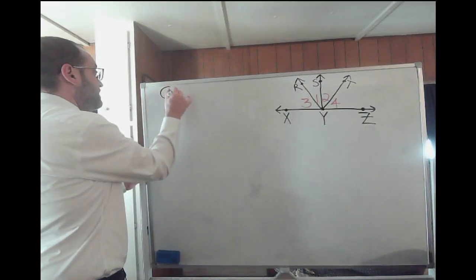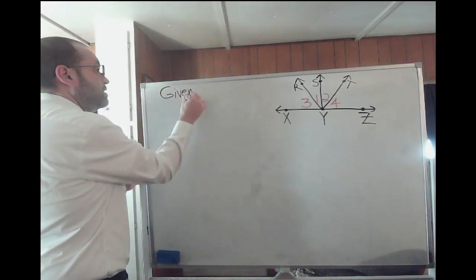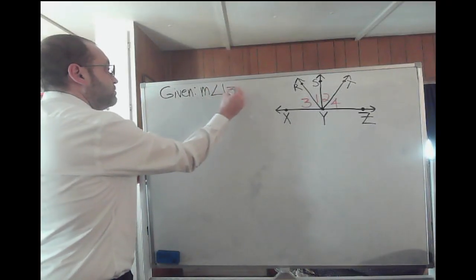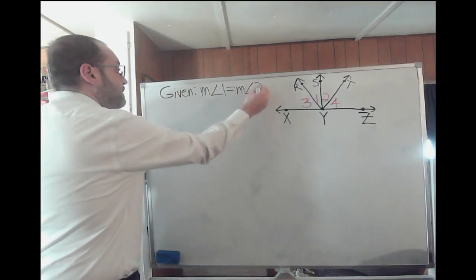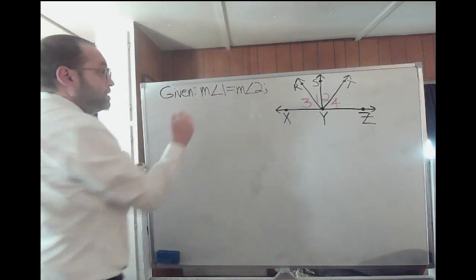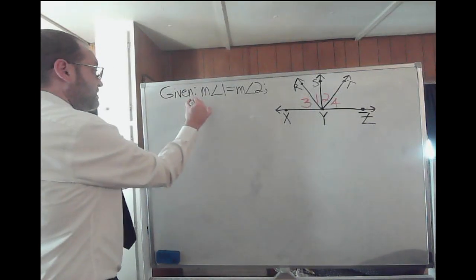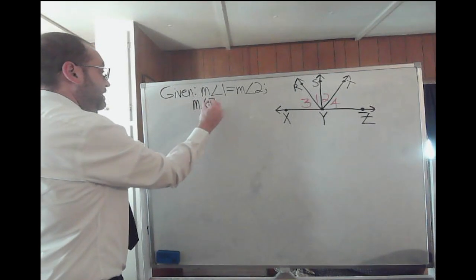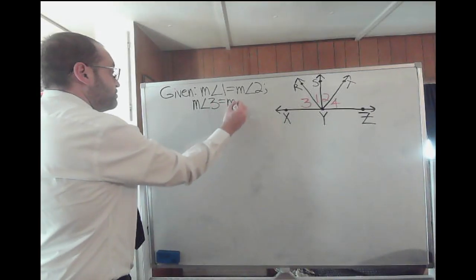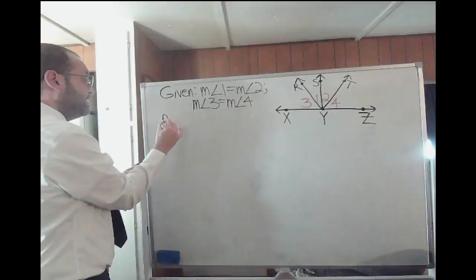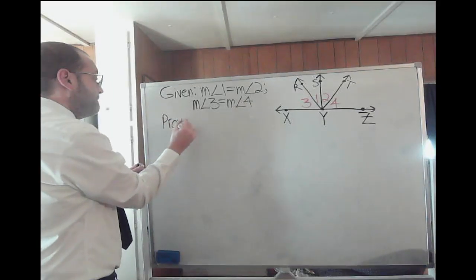We are given that the measure of angle 1 equals the measure of angle 2. We're also given that the measure of angle 3 is equal to the measure of angle 4. Alright, so what are we being asked to prove here?